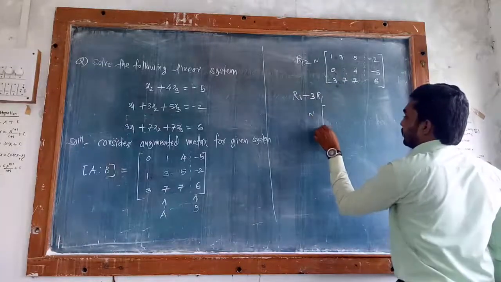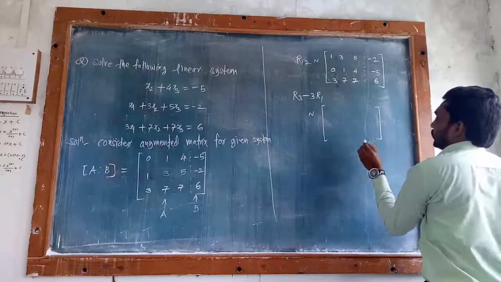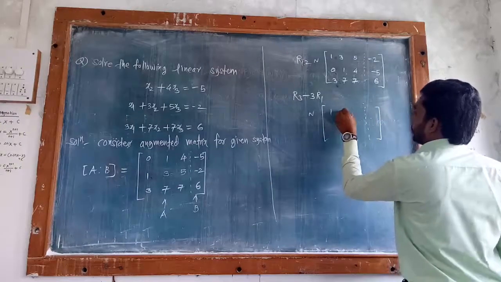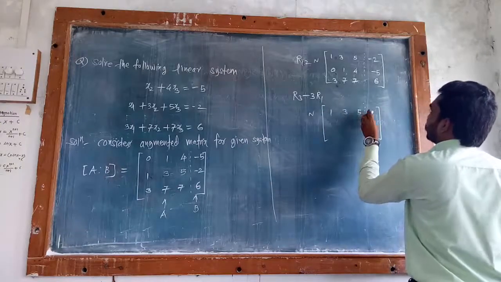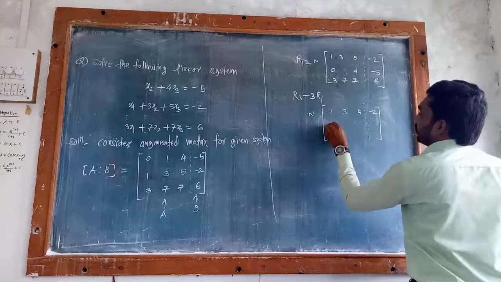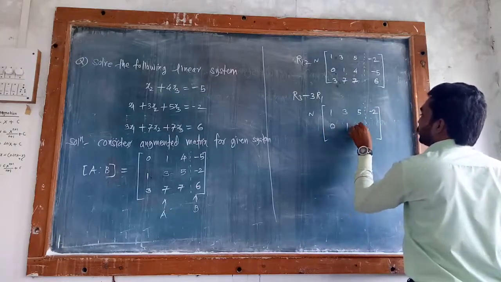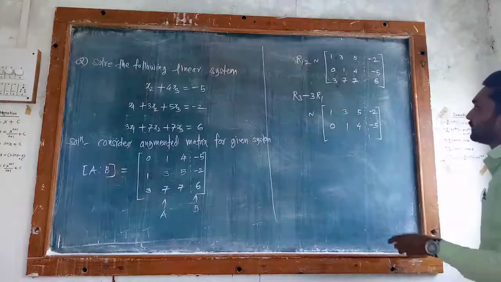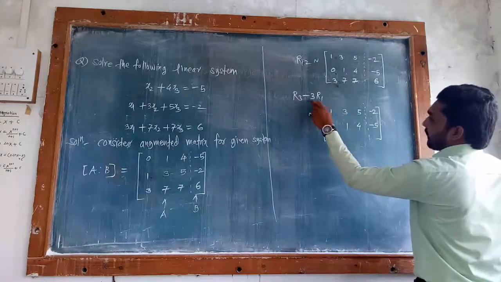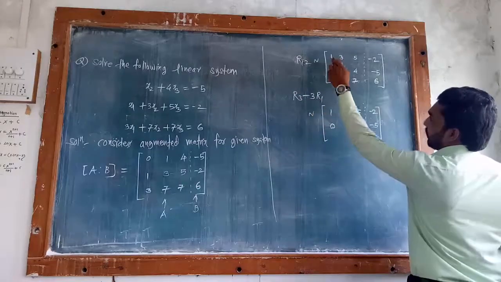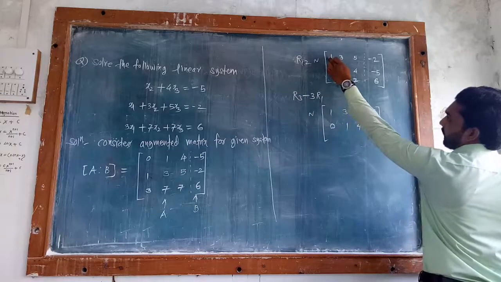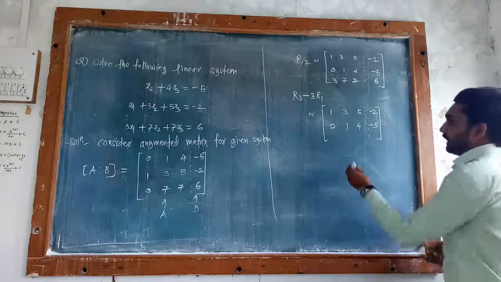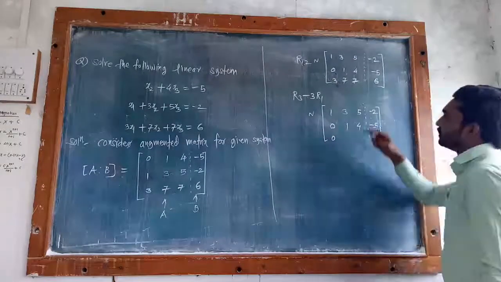Then your augmented matrix becomes: the first and second rows as they are, that is 1, 3, 5 and minus 2, and 0, 1, 4 and minus 5. And the last row, R3 minus 3 times R1: 3 minus 3 is 0.